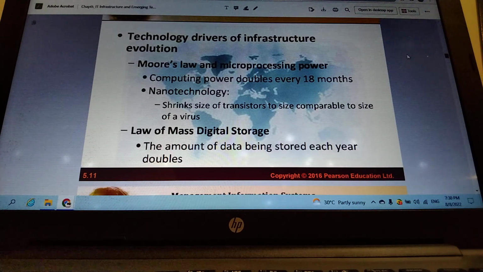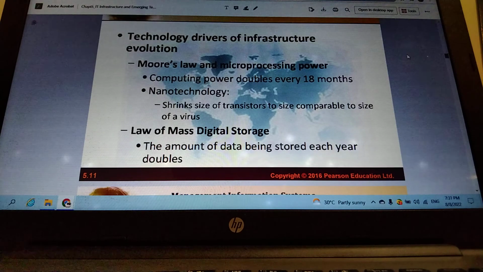It is really small, comparable to the size of a virus. So that's how the size of the transistors or chips is shrinking, but it is becoming more powerful, like what Moore's law says, that it doubles every 18 months.